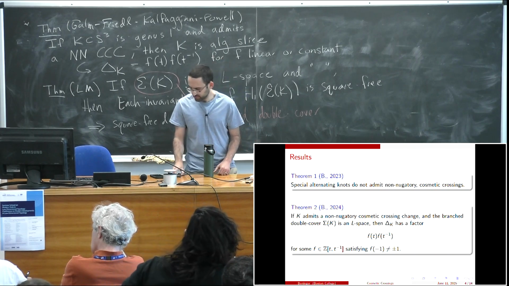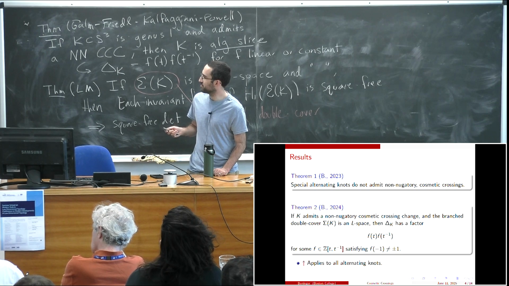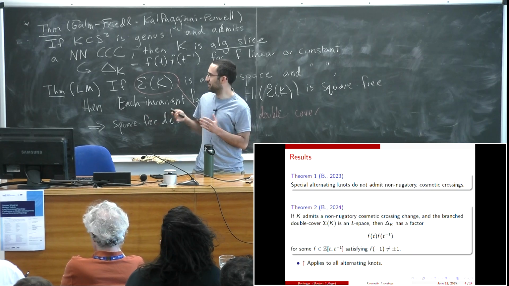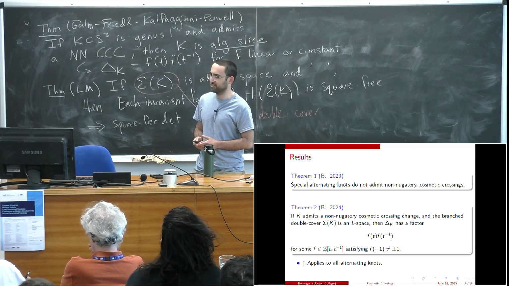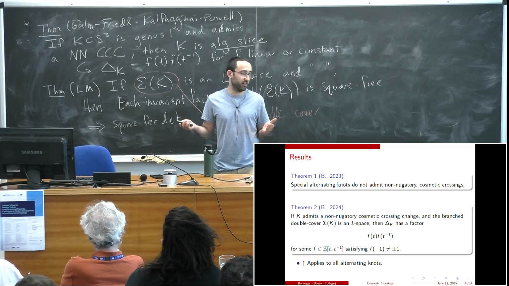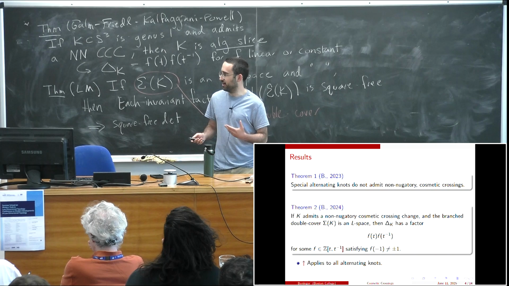But let me say a bit about special alternating knots. Yes. And I should note, it can be a bit hard to determine if the branched double cover is an L-space. Not super hard. But in particular, it applies to all alternating knots, more generally all knots with thin mod 2 reduced Khovanov homology.